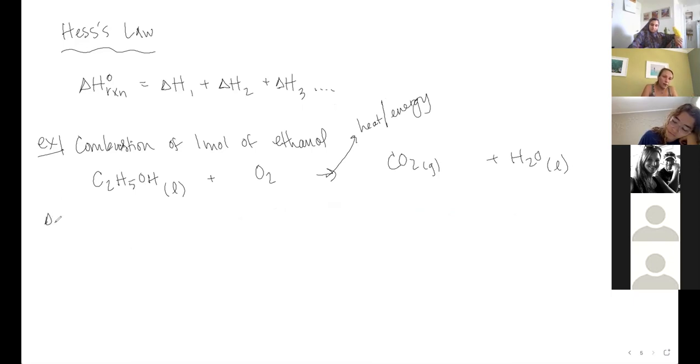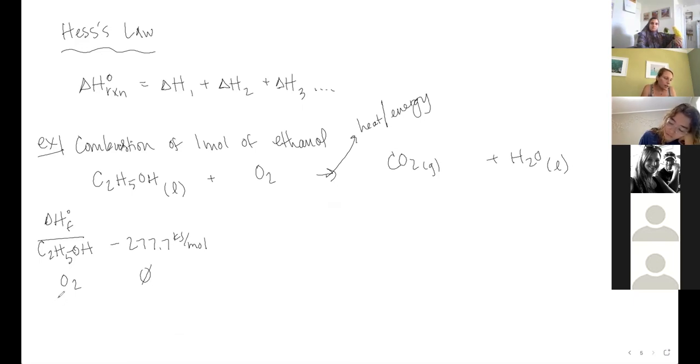And we have the standard enthalpy of formation for propane, I'm sorry, for ethanol, C2H5OH, is negative 277.7 kilojoules per mole. For oxygen, this is an element, so it's 0.